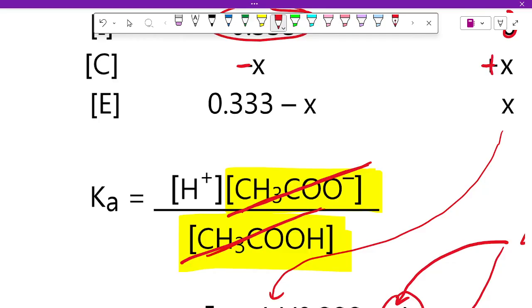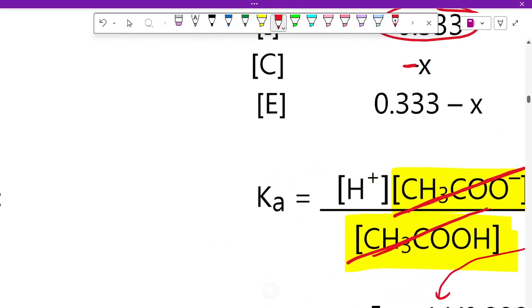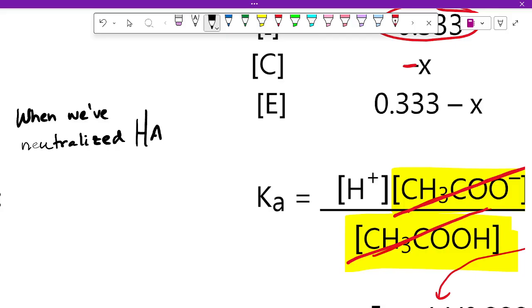Do you remember what the point is called? When we've neutralized half of the acid. It's before the equivalence point.